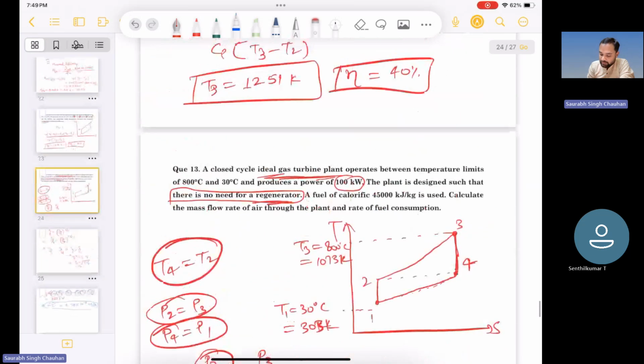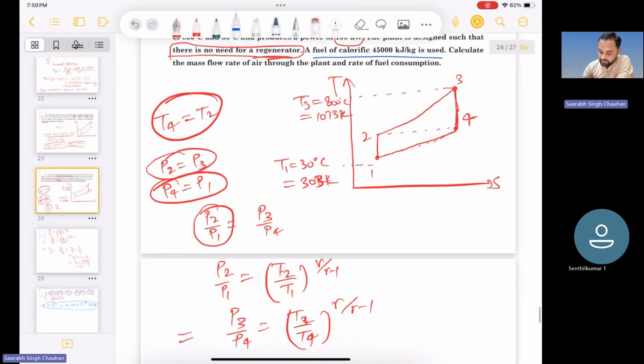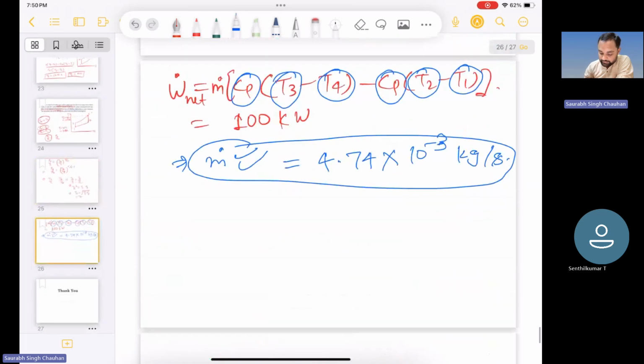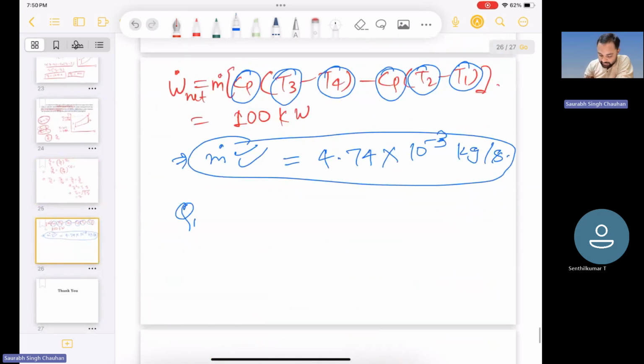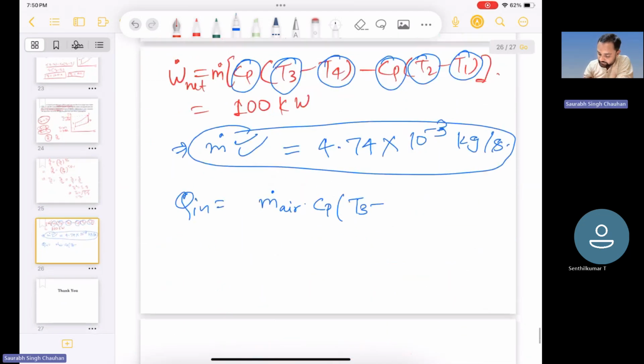So the mass flow rate of air you have, and the calorific value of the fuel is given. Basically we need to find the heat input Q in. This will be the mass flow rate of air times Cp times T3 minus T2.